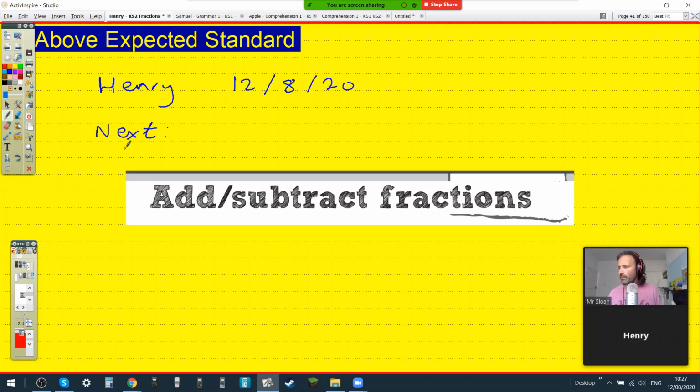So there's the green challenge, which is the easiest challenge, the yellow challenge, which is the medium challenge, and the red challenge, which is the expected standard challenge, which sometimes can be more of a medium yellow one, but sometimes can be quite a red one.